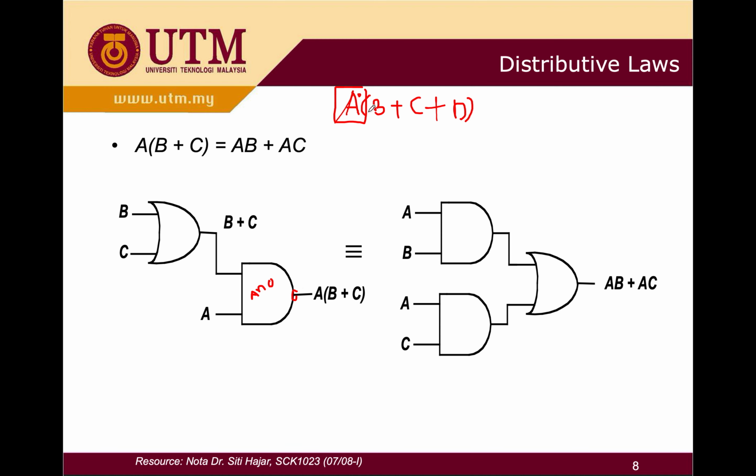So from here you're going to draw the AND gate. Let me draw the AND gate, and this is my A input, and it will multiply with my B plus C plus D. What happened here? I have this D. So over here I know, okay, this is multiplication. Of course it will have the OR gate.